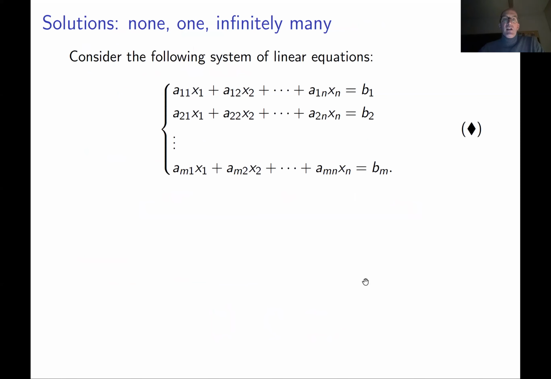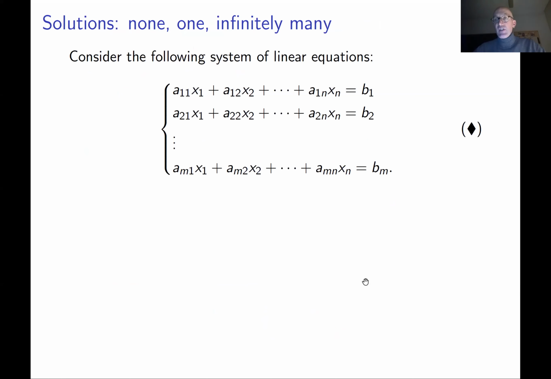As I already mentioned, for a homogeneous system of equations, we have basically two possibilities. Either we have one solution, which consists of the zero vector, or we have infinitely many solutions, because for a homogeneous system of linear equations, solutions are just the kernel of the matrix.